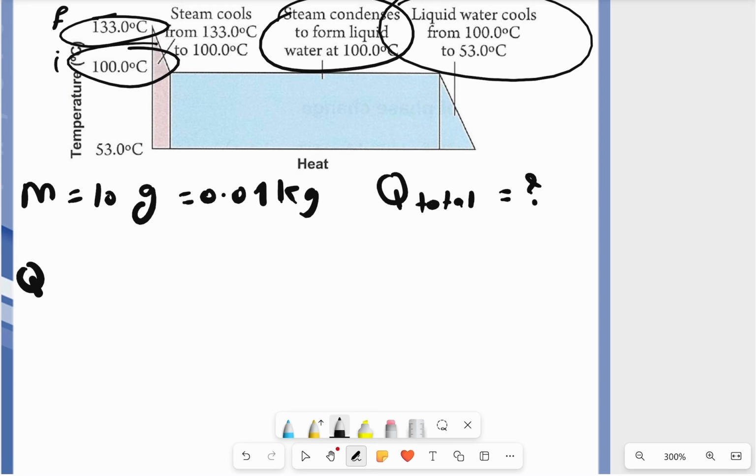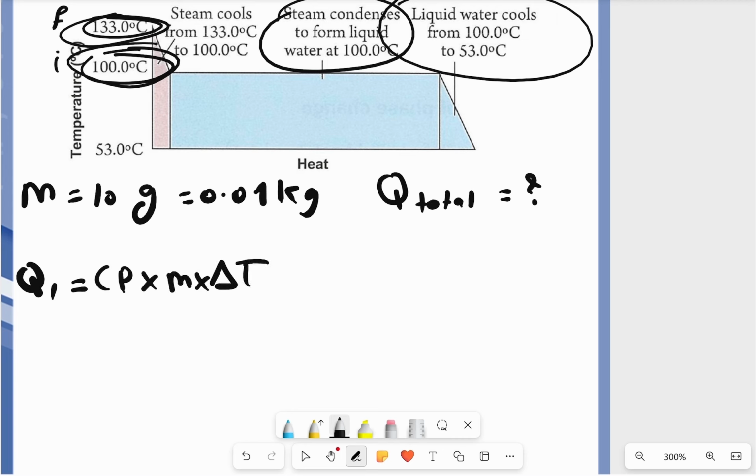But if two temperatures are given, as you see here, 133 and 100, you're going to calculate both. So Q1 is going to be the same equation we studied for CP: CP times mass times delta T.